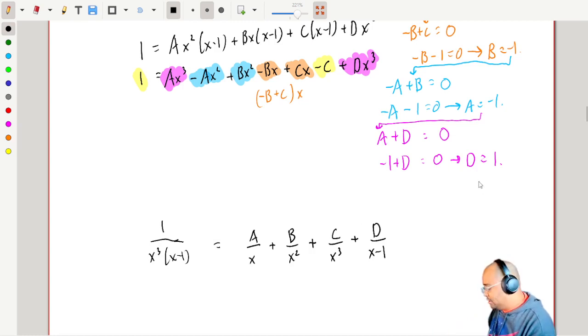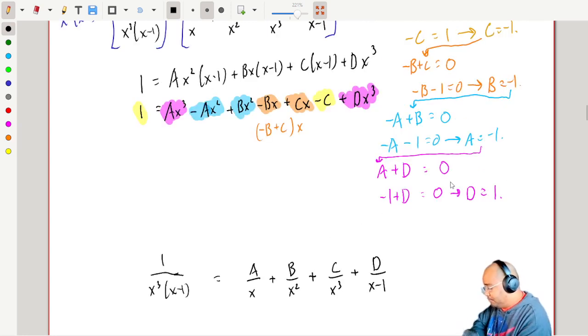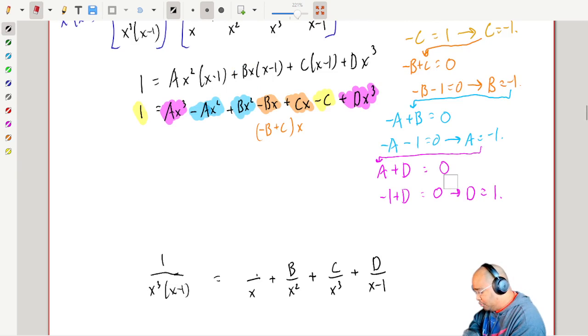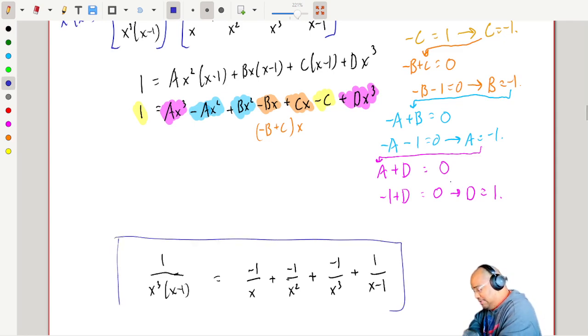So let's scroll so I have all the pieces here. A is equal to negative 1. B is equal to negative 1. C is equal to negative 1. And D is equal to positive 1. And that's how we get our partial fraction decomposition for that one there.